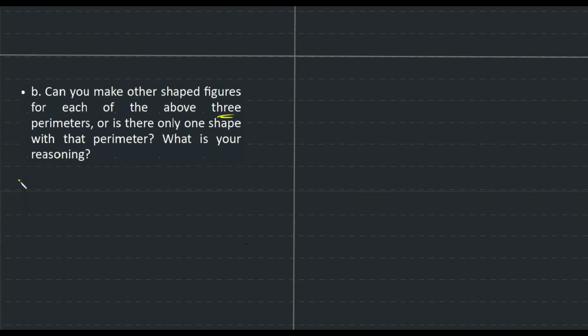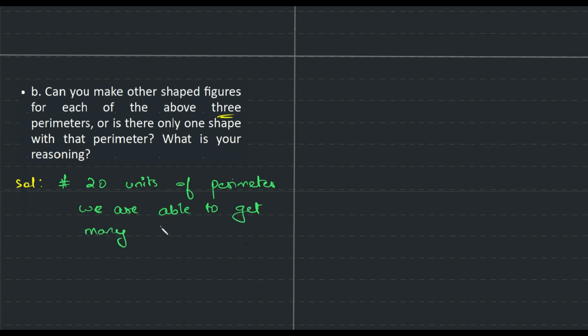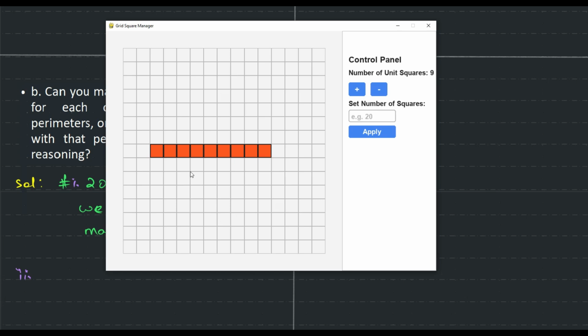So when it comes to 20 units of perimeter, we are able to get many structures. That's the first possibility. Next, when it comes to 18, what do you guys think? So 18 was something like this.